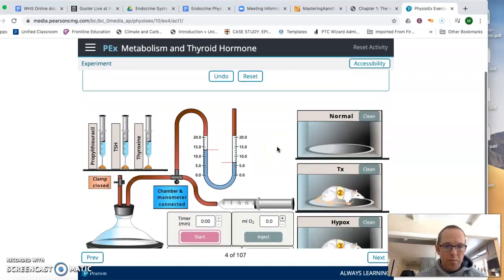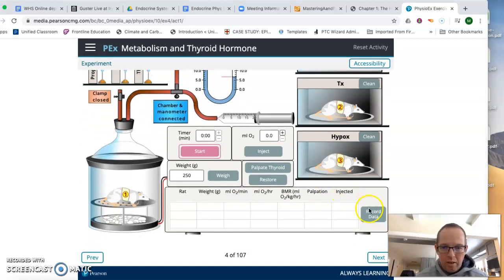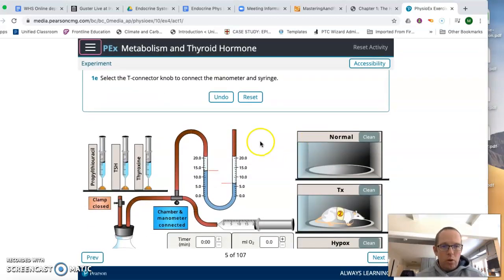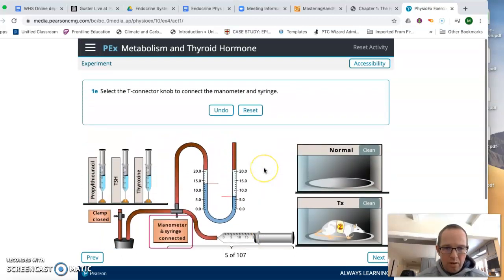So now we've done that, we're going to click on next, and now we're going to select the T connector knob, and this way we're going to connect the manometer, this part here, and the syringe. We'll see where the syringe comes in just a minute. So now they're connected, and now we're going to click next again.